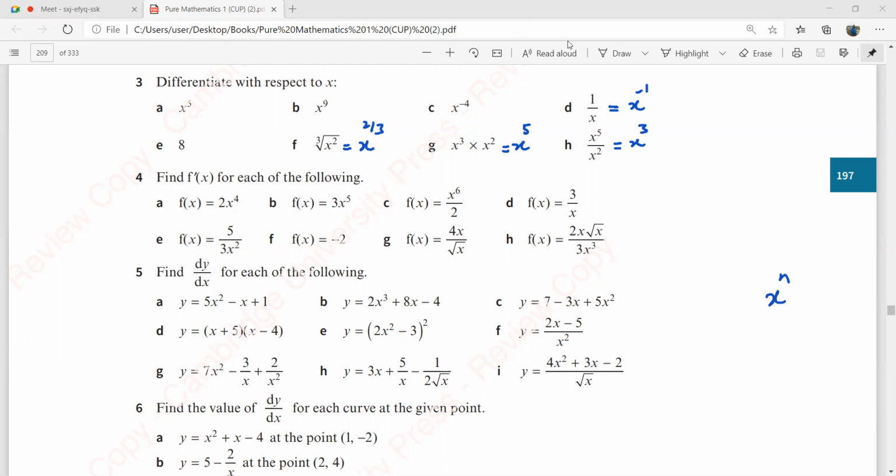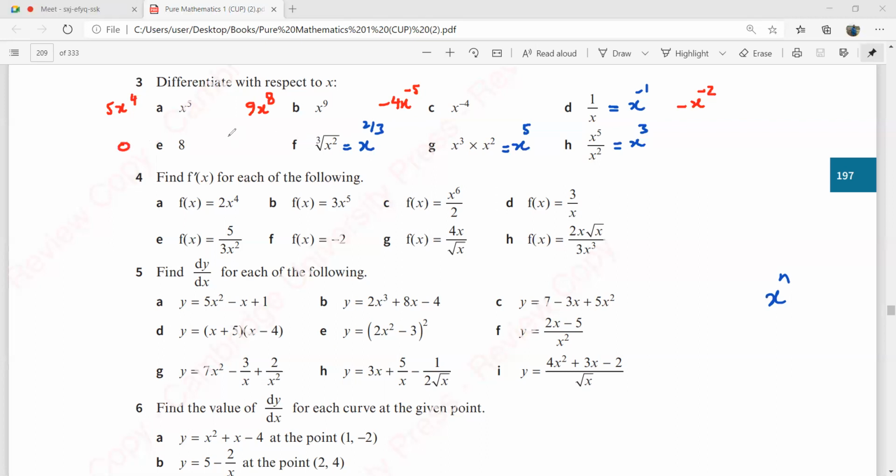Now I'll be writing the derivatives in red. So this would be 5x raised to power 4. This would be 9x raised to power 8. This would be minus 4x raised to power minus 5. This would be minus x raised to power minus 2. And this is going to be 0 here.